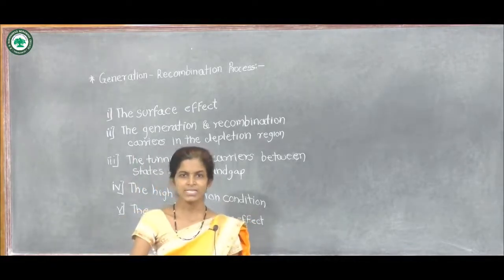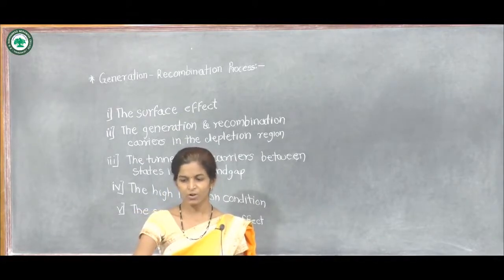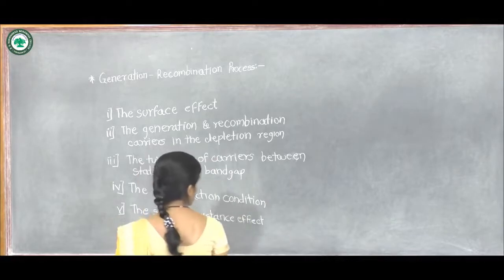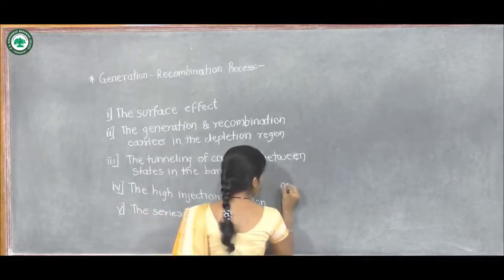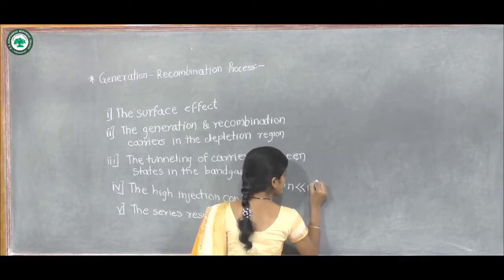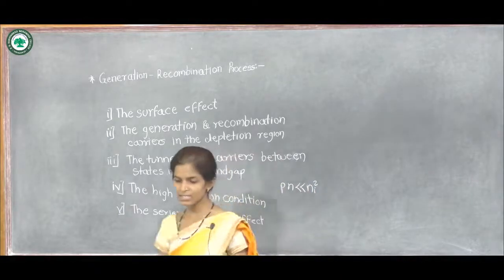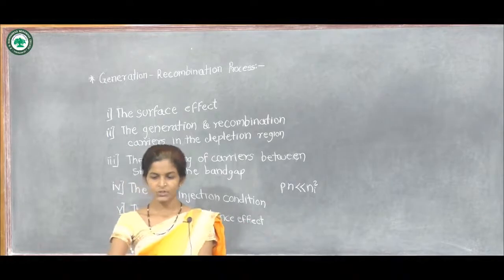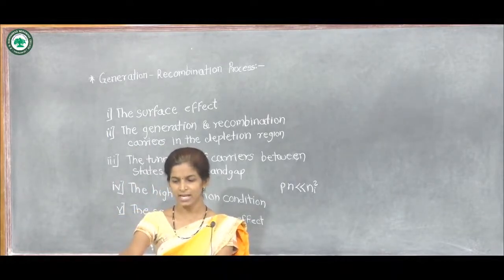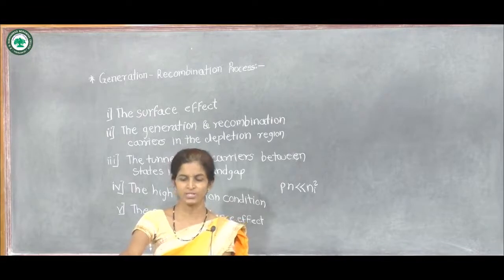Because of reduction in carrier concentration under reverse bias, that is the product pn is less than ni squared, the dominant recombination generation processes are those of emission.